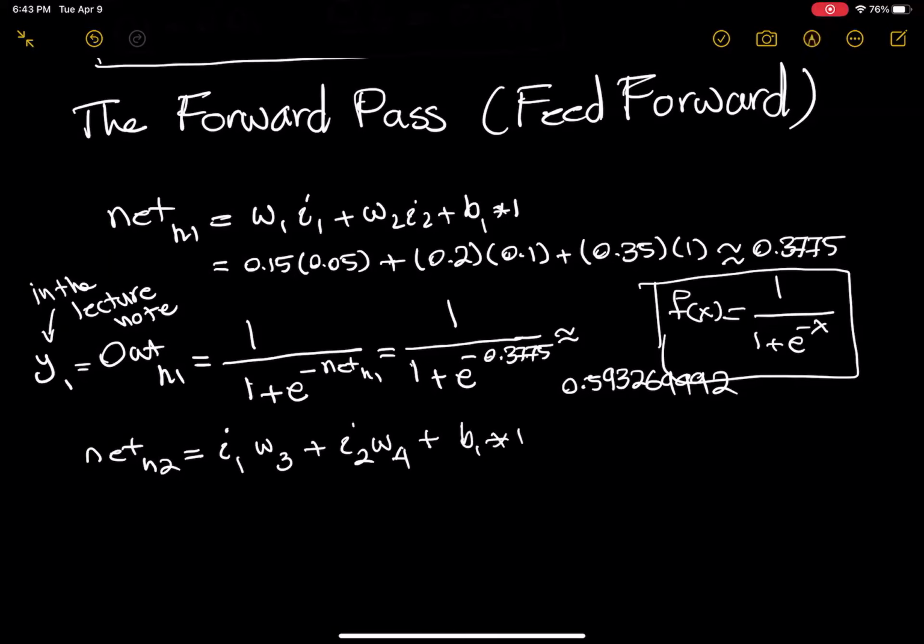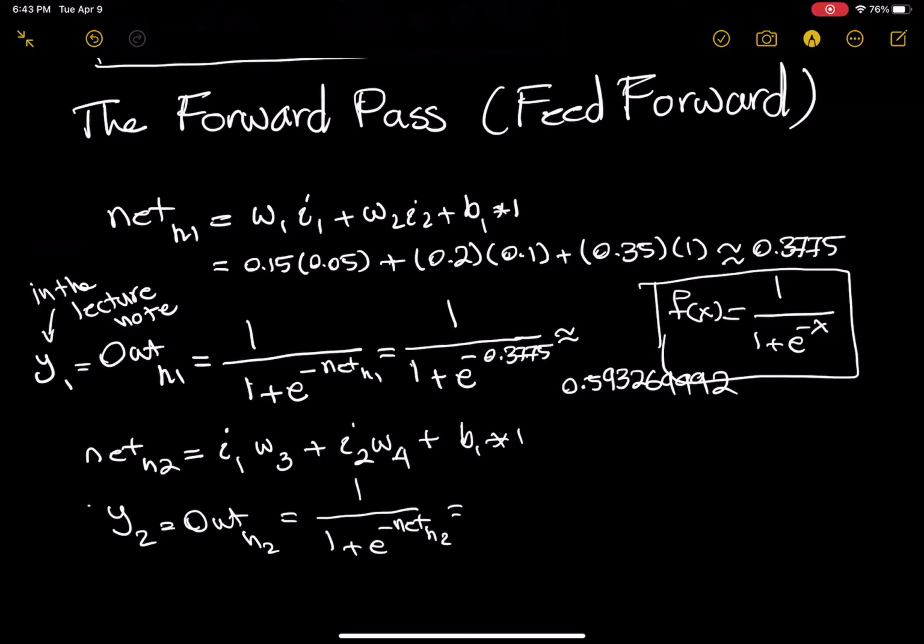I1 W3, that's correct. Then I'm going to have plus I2 W4. Is that right, Amanda? Yes. Okay, good. Plus the same B1 multiplied by 1, right? And then once you calculate this one, let me call it Y2, for example, which is equal to out of H2, which is equal to 1 divided by 1 plus e to the negative net of H2.